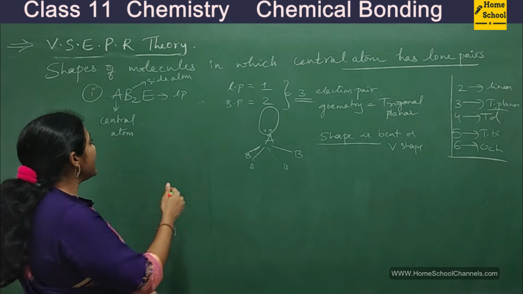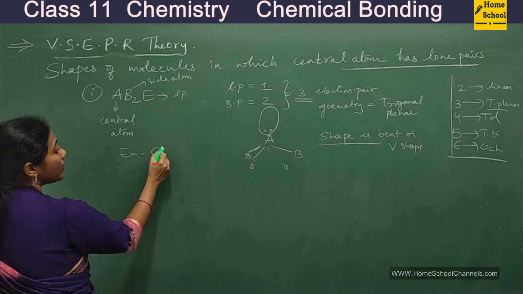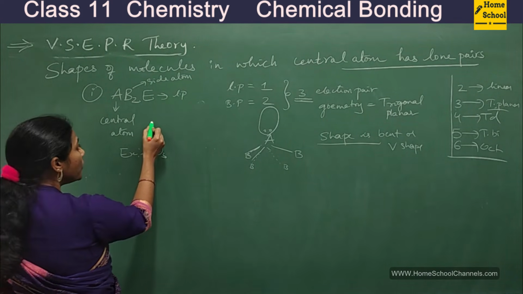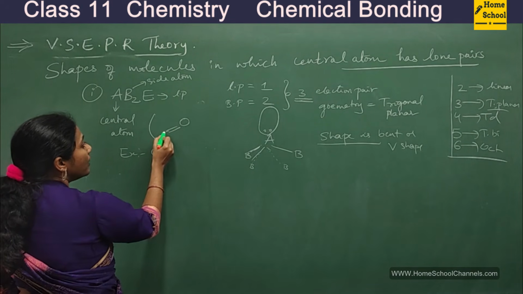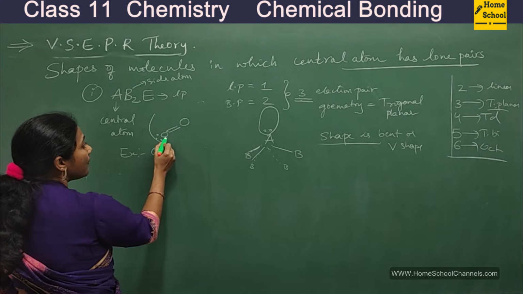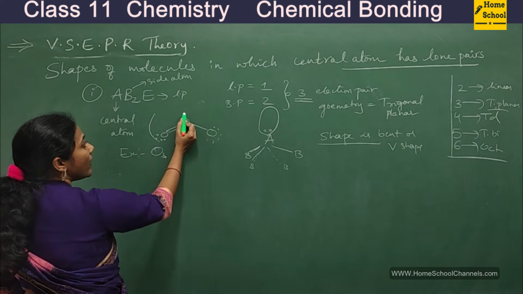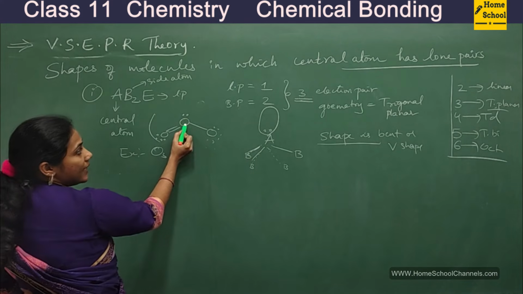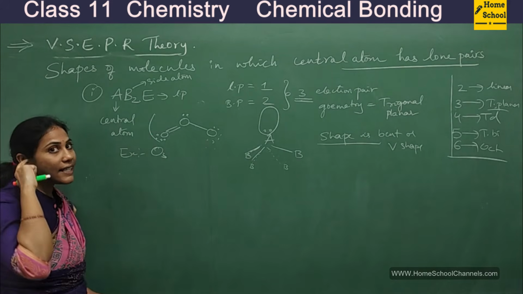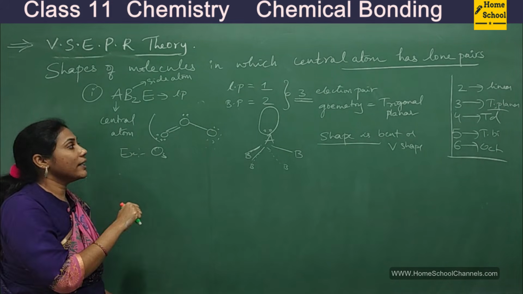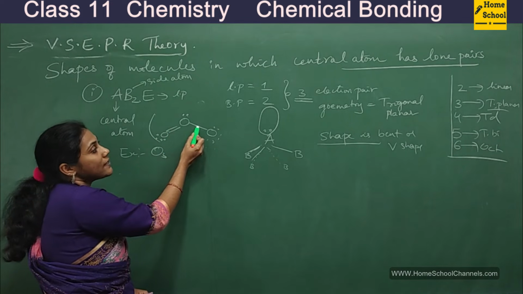The best example in this case is ozone, right? If you remember the dot structure of ozone, how did you write it? O, double bond O with 2 lone pairs, single bond O with 3 lone pairs, and there is 1 lone pair on the central atom. So the central atom has 1 lone pair and 2 bond pairs. The double bond you will consider as a super single bond, right? So this is 1 bond pair, this is 1 bond pair.